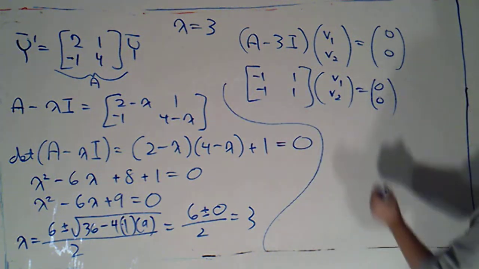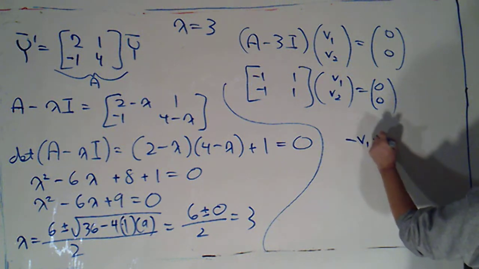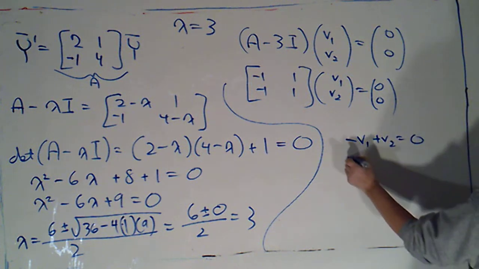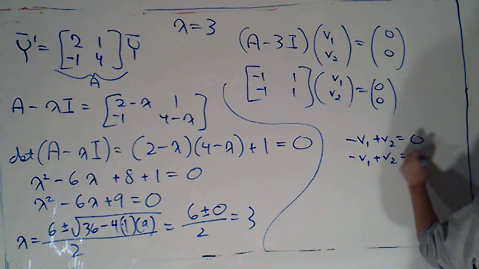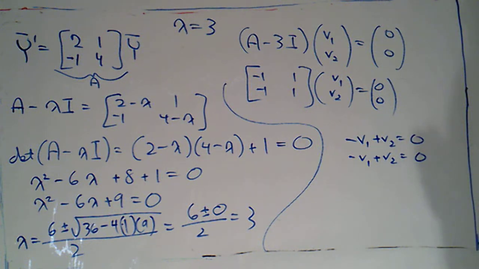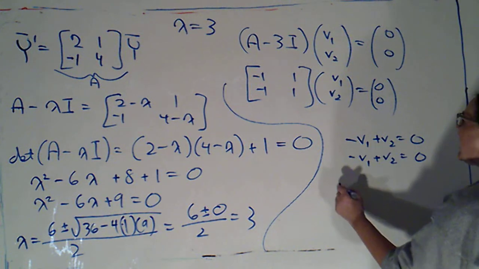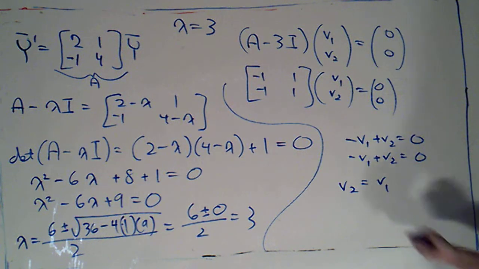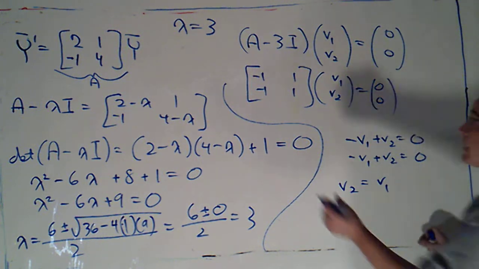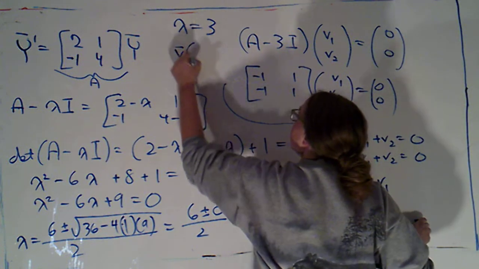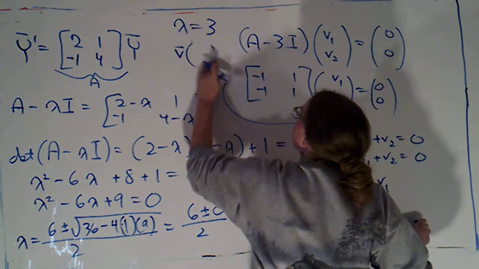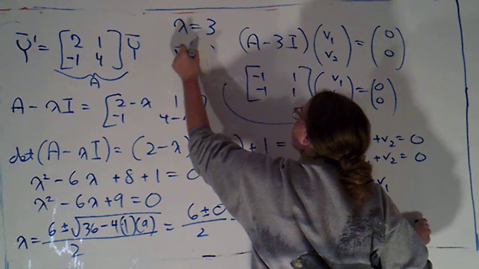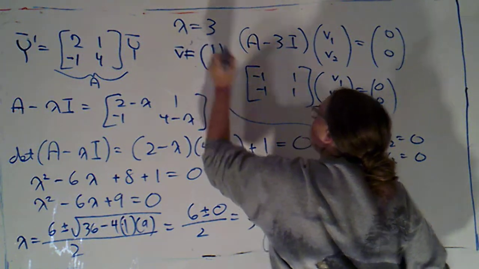The corresponding system of equations is -v1 plus v2 equals 0, and -v1 plus v2 equals 0, which is clearly dependent because they're exactly the same equation, and that simplifies to v2 equals v1. So I can pick any non-zero number I want. I'm going to just choose v to be the vector 1, 1.